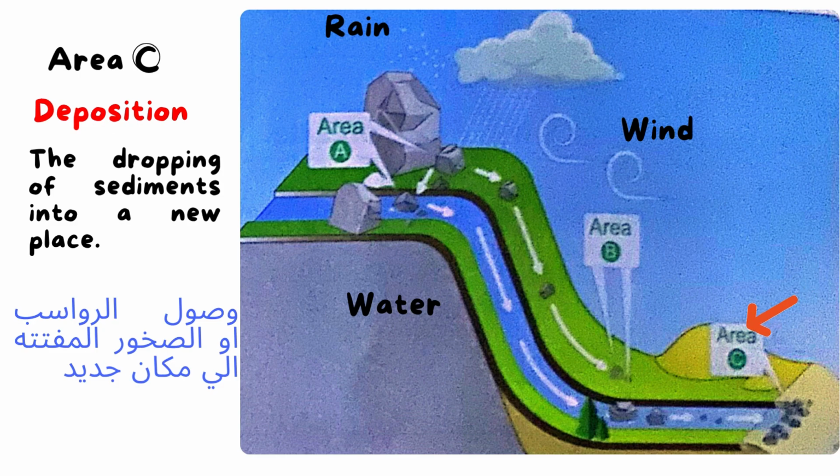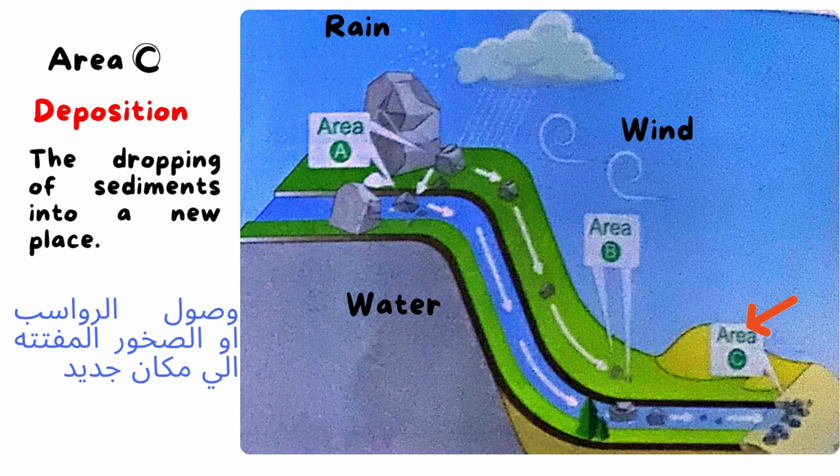Deposition, okay? Deposition is the dropping of sediments in a new place, okay? Now they reach the new place, okay? So here, the dropped sediments reach and are collected in a new place. So this is deposition, okay?